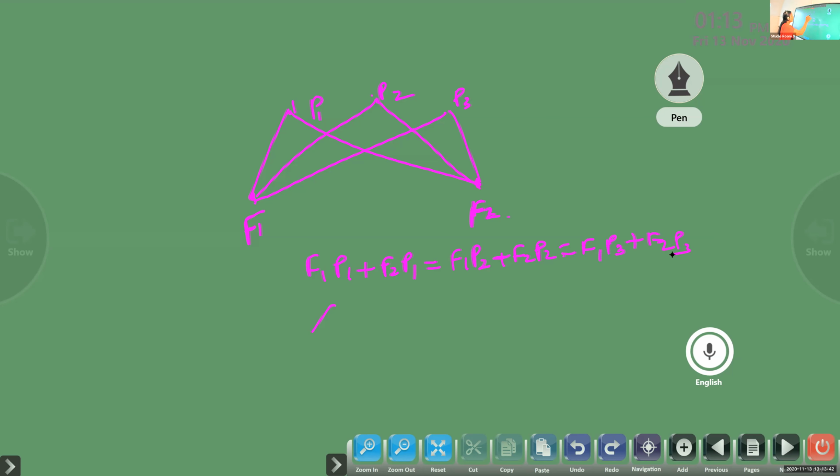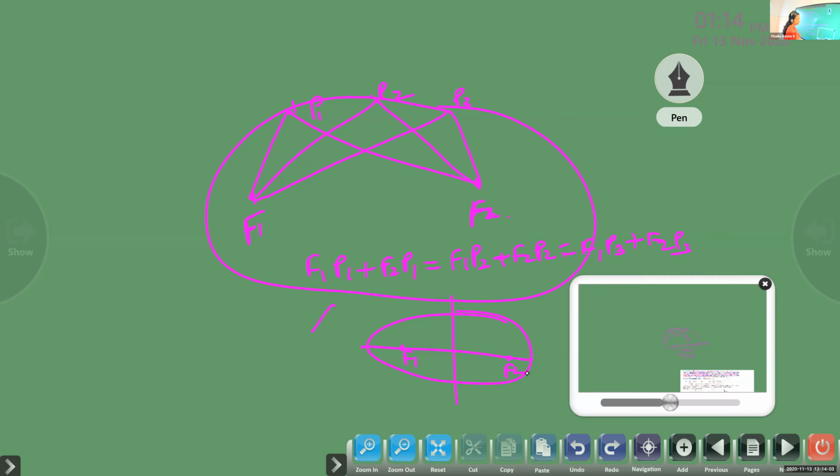When you join all these points, you will get an oval shaped curve like this. We will have one fixed point F1 and another fixed point F2.